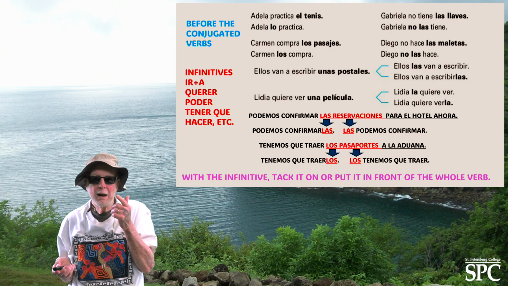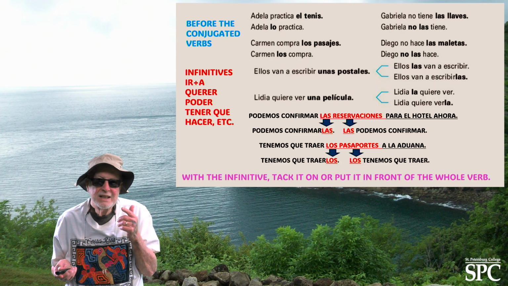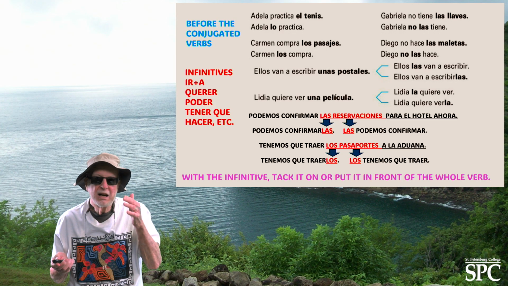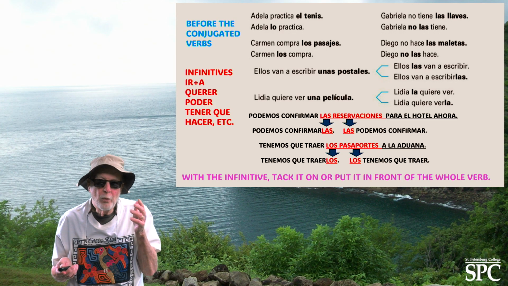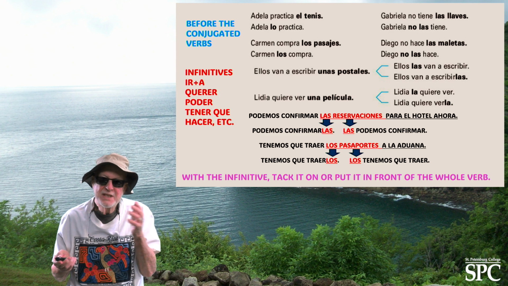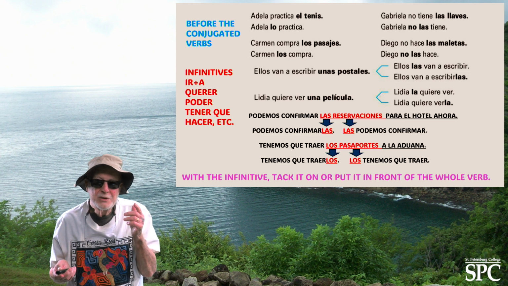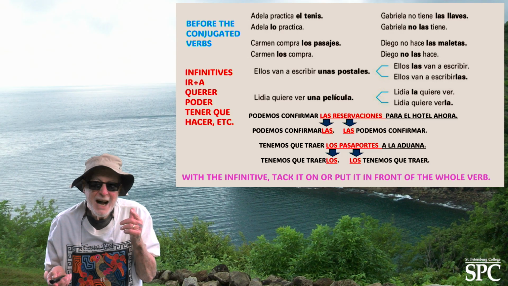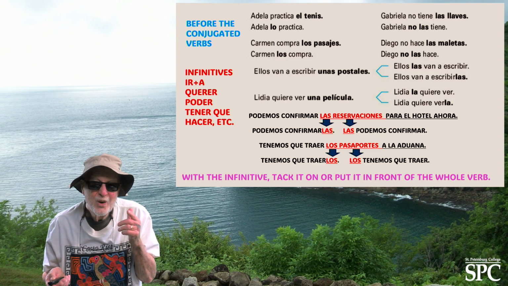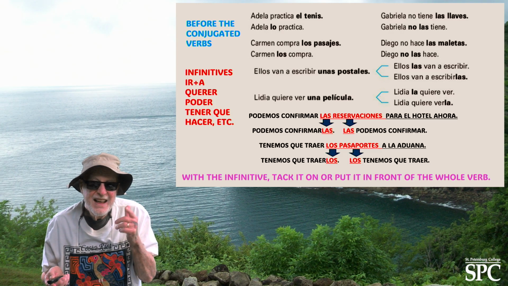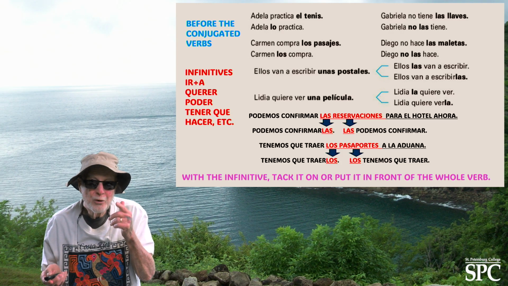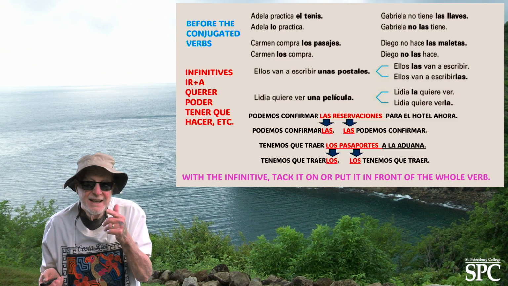But what happens when we have an infinitive? An infinitive, an ER, AR, or IR. Well, things change just a bit. You see, ellos van a escribir unos postales. They are going to write some postcards.